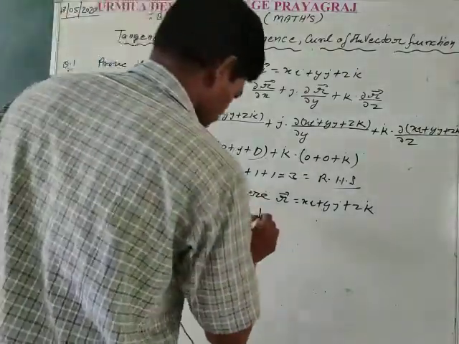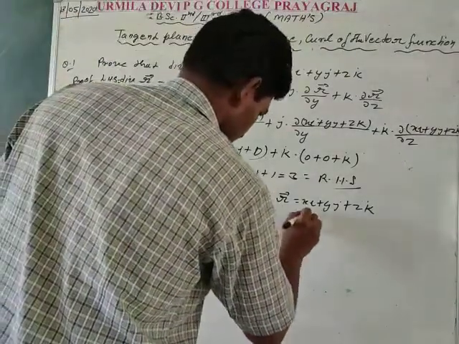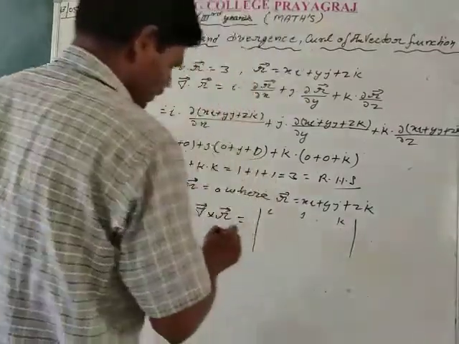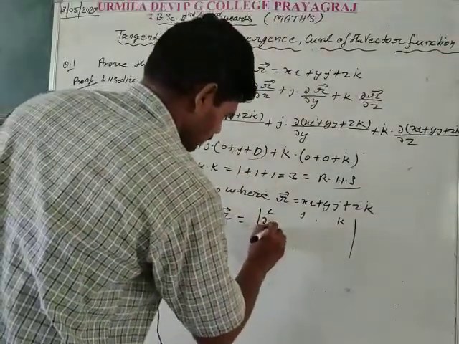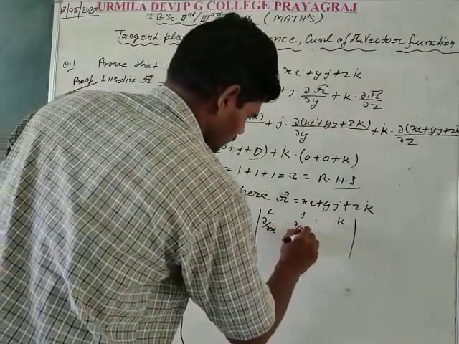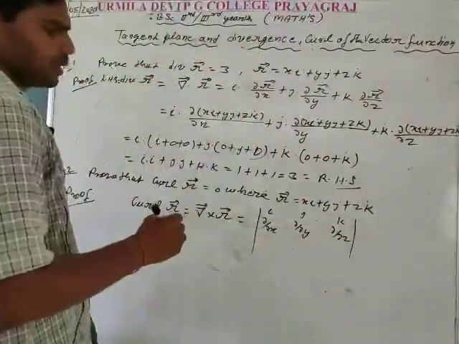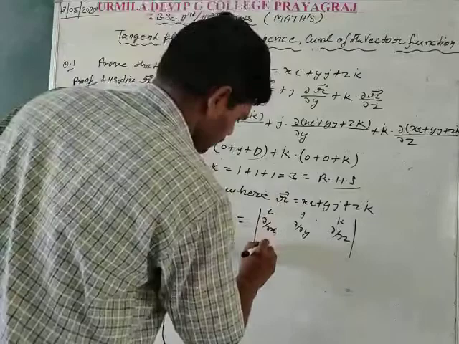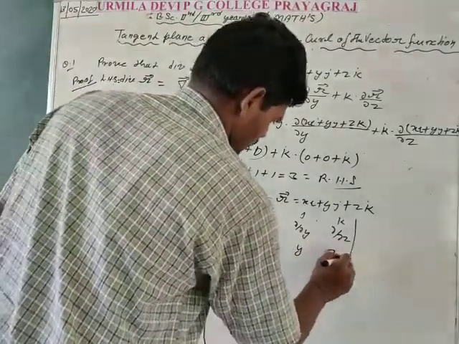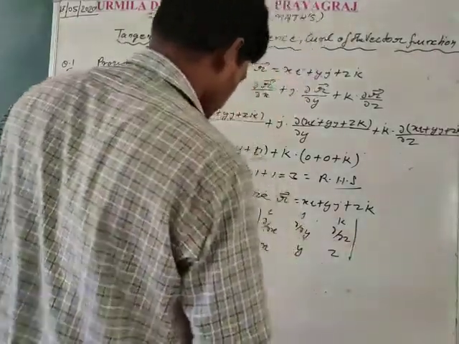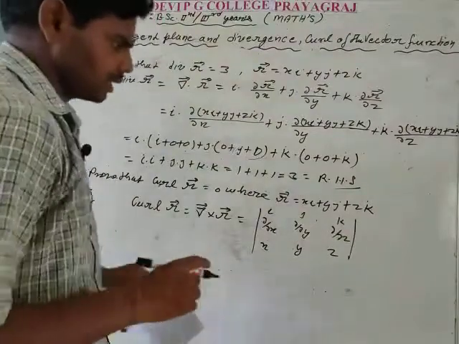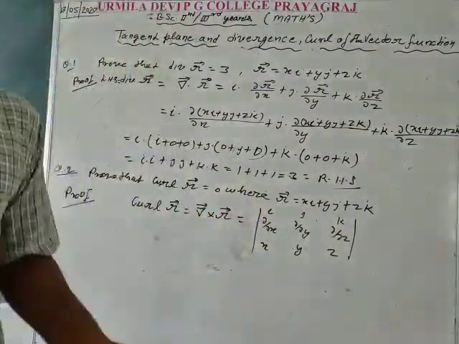In the determinant method, the rows are i, j, k; del by del x, del by del y, del by del z; and the position vector components x, y, z. After simplification, you can find this value.